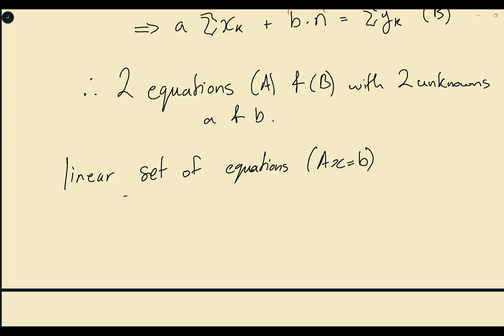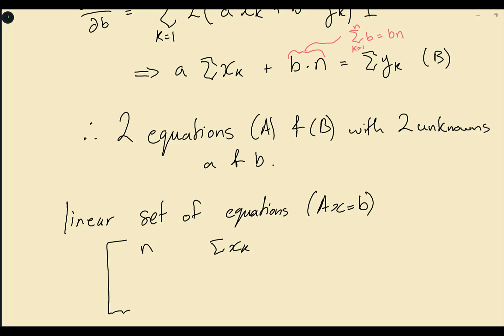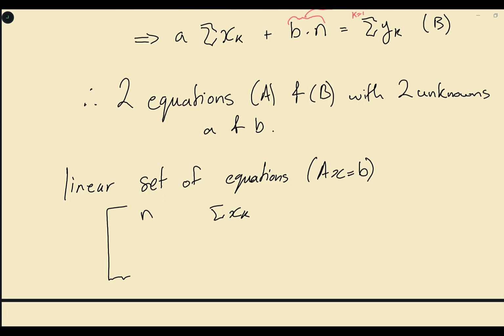All right, so let's put these in. So we have n, sum of xk, and what we're doing here is putting equation B first and then equation A afterwards.